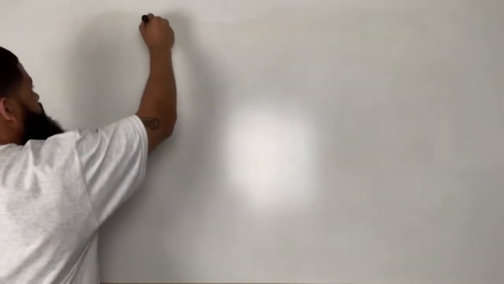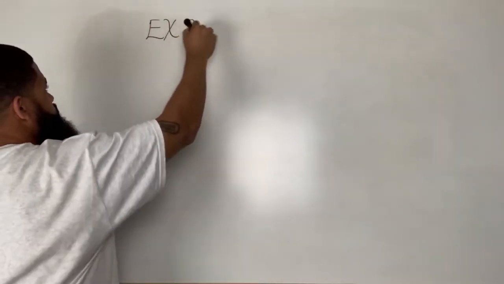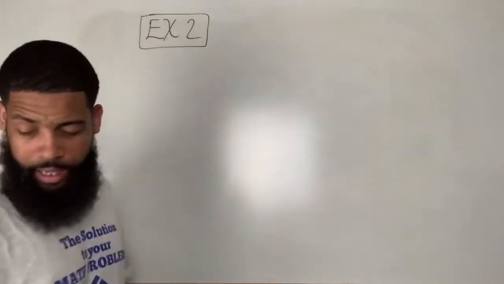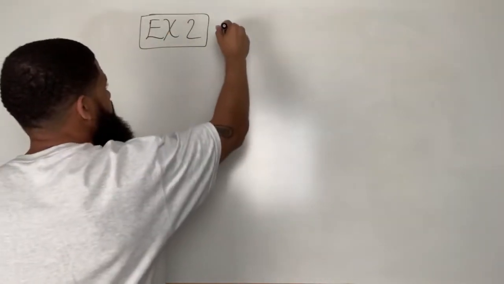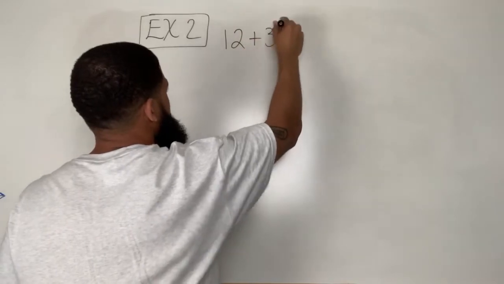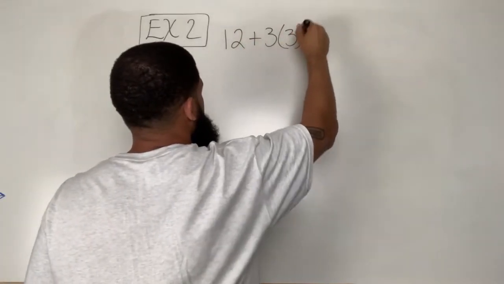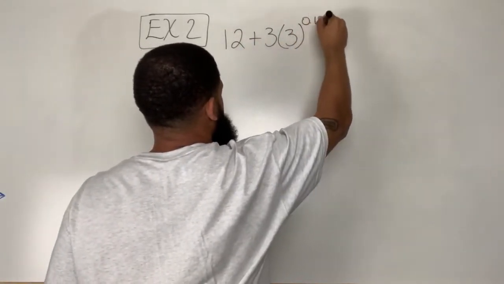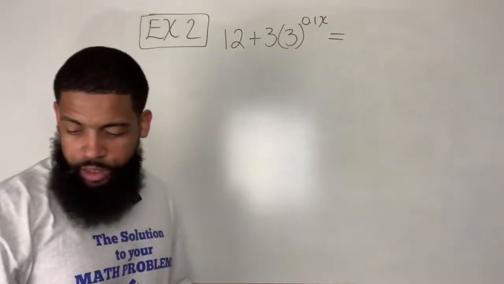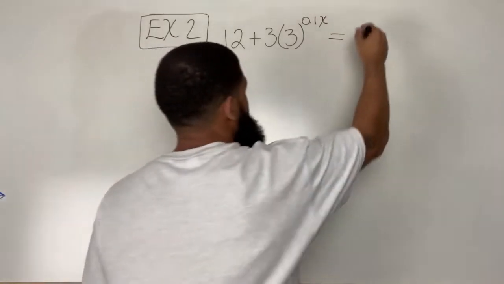These are the equations that they show you. They come in different forms. So example 2, I have 12 plus 3 times 3 to the 0.1x power, and that is equal to 16.